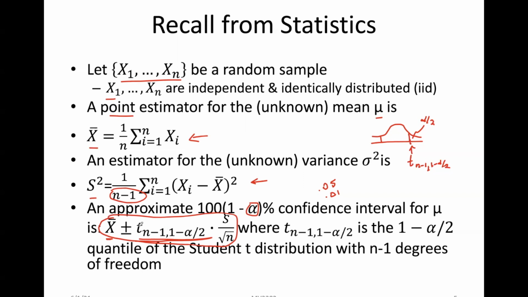Okay, so if we can come up with a random sample for the thing that we want, then we can use what we learned in statistics to form a confidence interval.